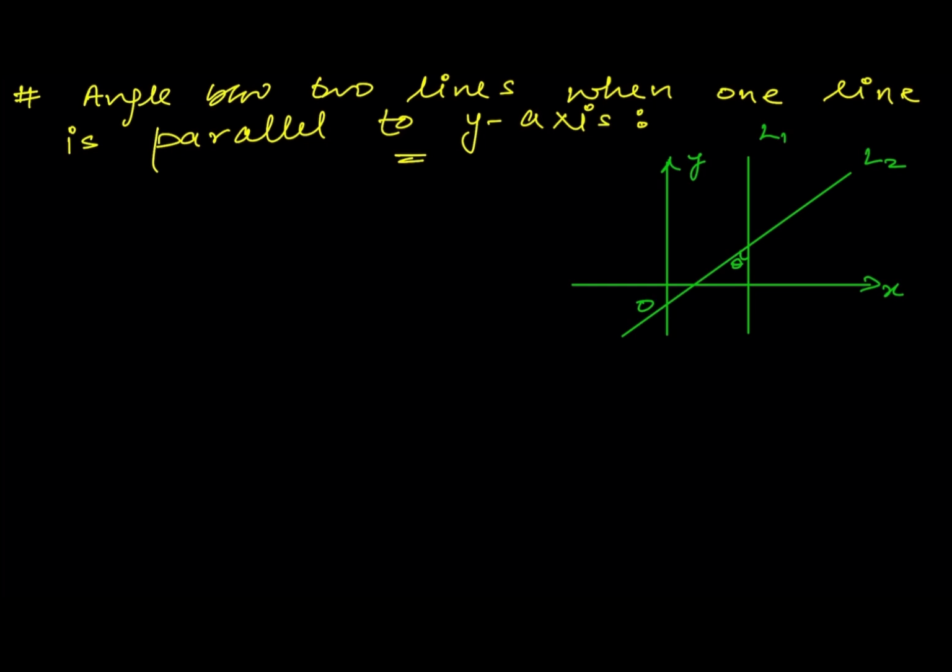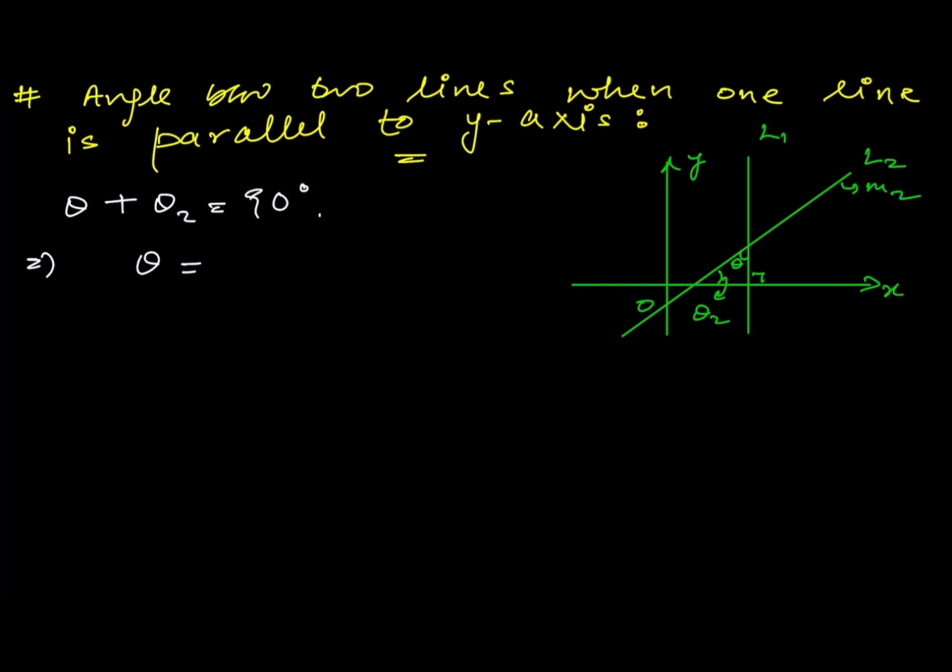This line has slope m2. If this L2 makes angle theta 2 with the x-axis, and L1 is perpendicular to the x-axis, then theta plus theta 2 is equal to 90 degrees, right?